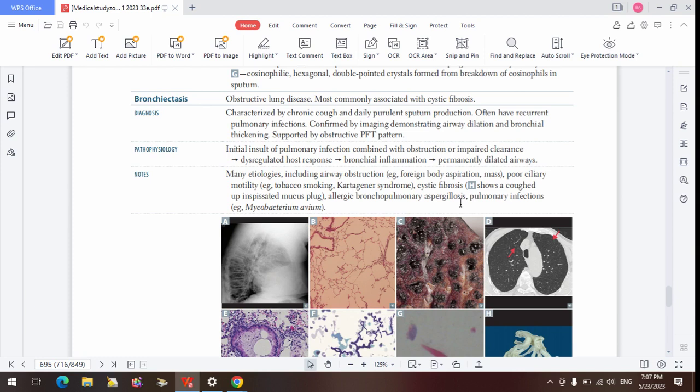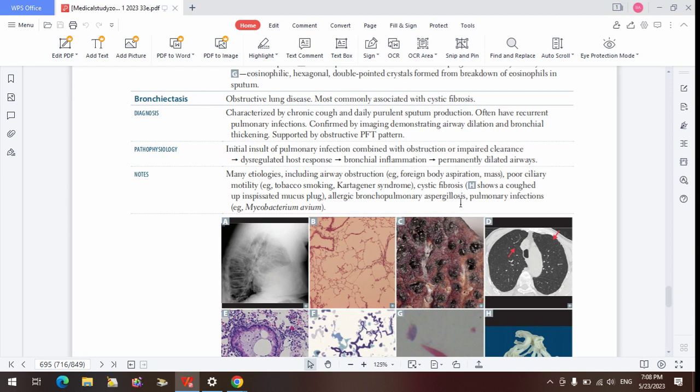But the obstruction is happening due to mucus accumulating within the airways and obstructing them. The larger ones, which are more proximal, are dilated, while the smaller airways are occluded. So the smaller airways are occluded in bronchiectasis, and the larger airways are dilated.